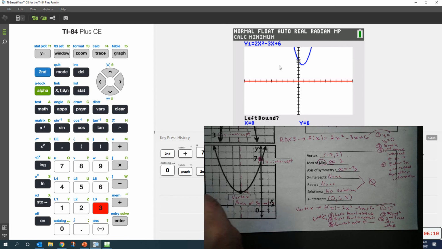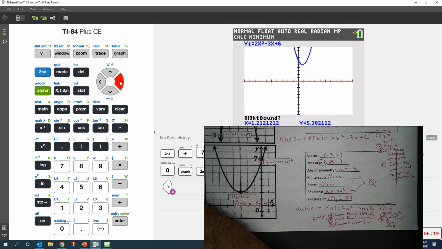Left bound, around the left of our vertex, yes, so we can just push enter. Right bound, now we have to move it to the right side, push enter, and when it says guess, push enter one more time. So it gave us a vertex of 0.75, 0.875. And if it comes out to a decimal, unless I tell you differently, then just round it to the nearest tenth.